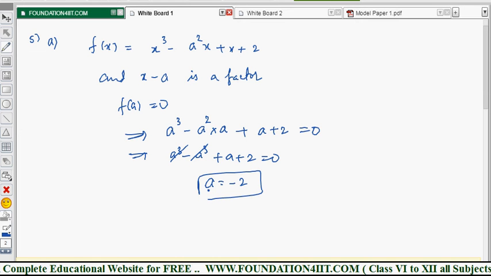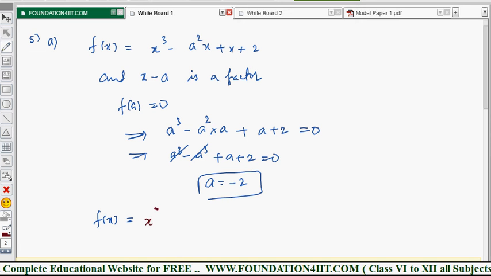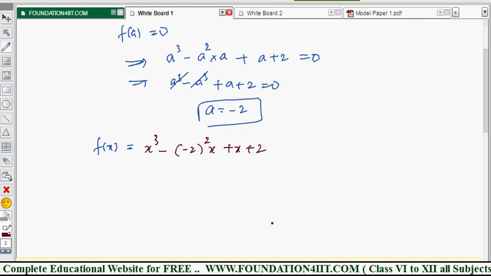Once you know the value of a, you can substitute minus 2 in the place of a to find the original function. Then f of x is equal to x cube minus, a is minus 2, so minus 2 whole square x plus 2. After finding the value of a, you should substitute and simplify.